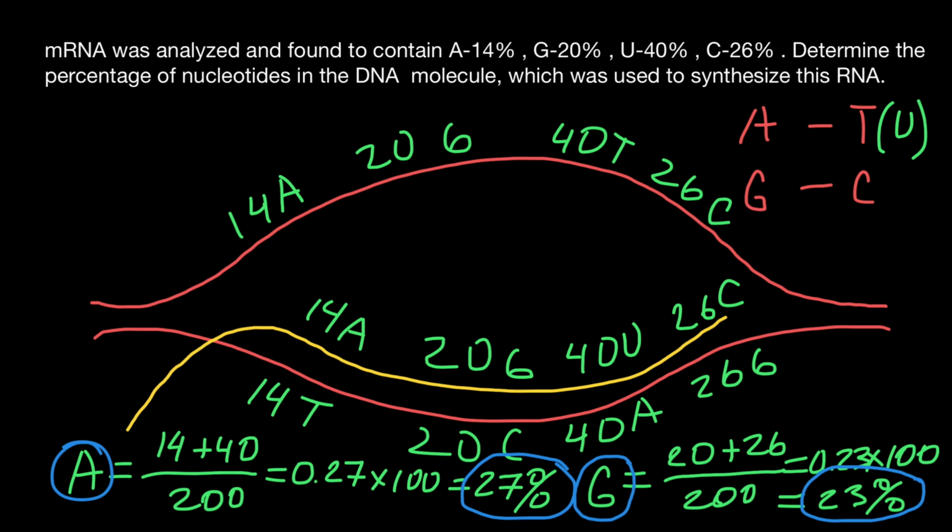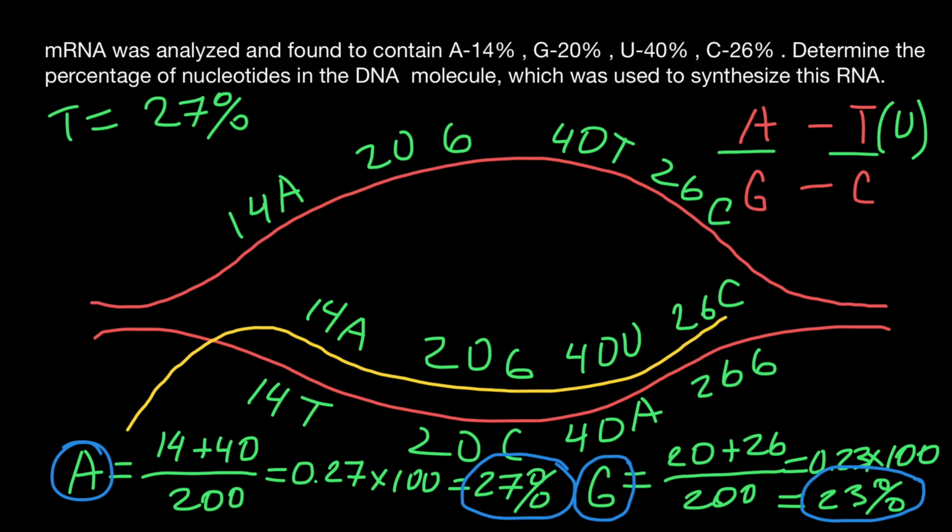We also can do the same calculations for thymine and cytosine, but I don't have much space left. We can solve it more easily without calculations, because we know that the number of adenines in double-stranded DNA equals the number of thymines, and we have found that the frequency of adenine is 27%. Then thymine also would make 27%.